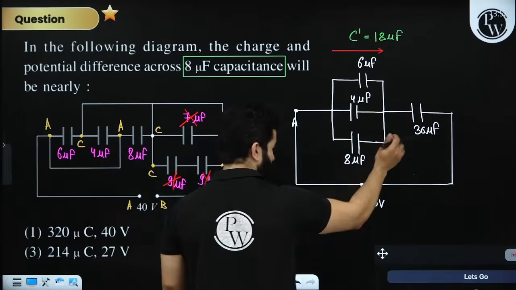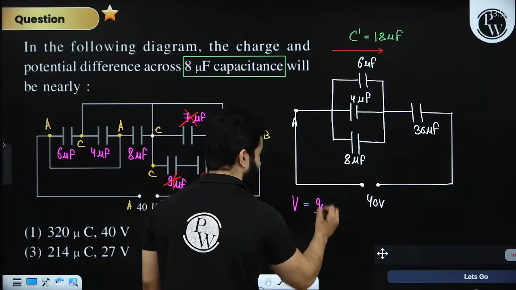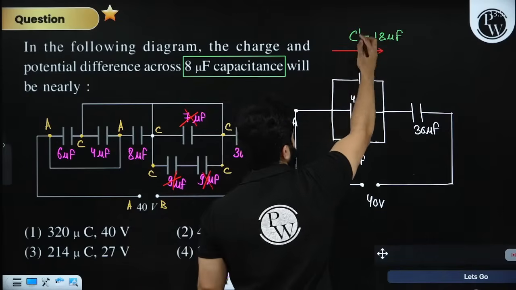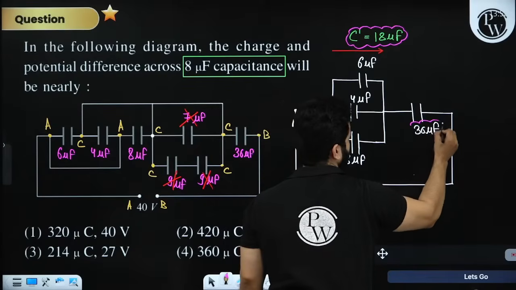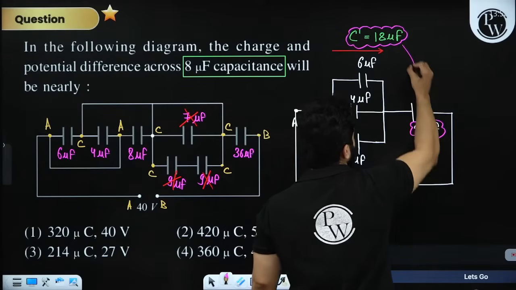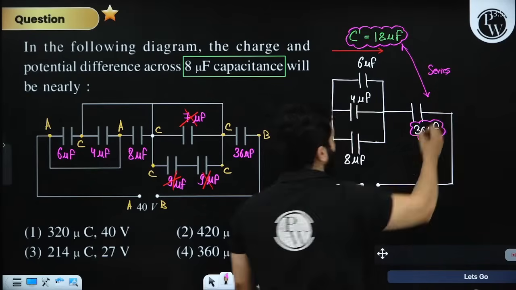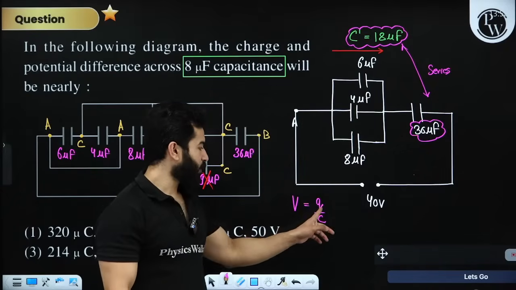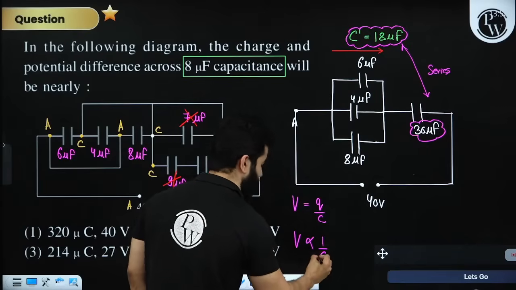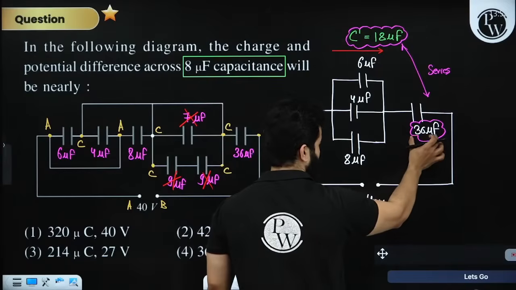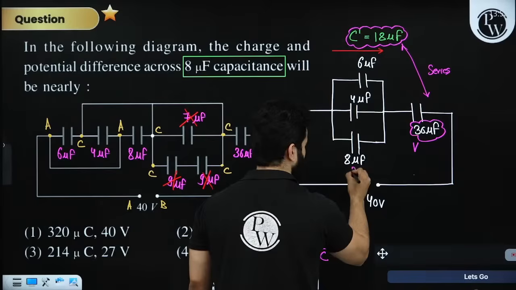So doston, we all know that potential can be written as charge divided by C. Now this 18 microfarad and this 36 microfarad are in series combination. So my dear friends, if these are in series combination, charge is same. So potential will be inversely proportional to capacitance. So if let's suppose this gets V potential, this will get 2V potential.